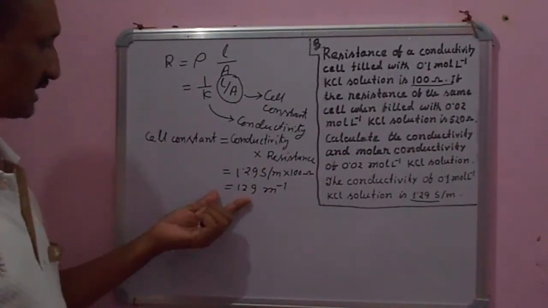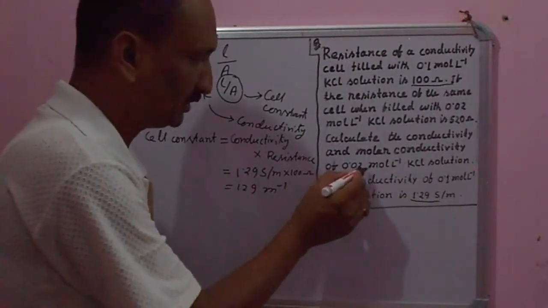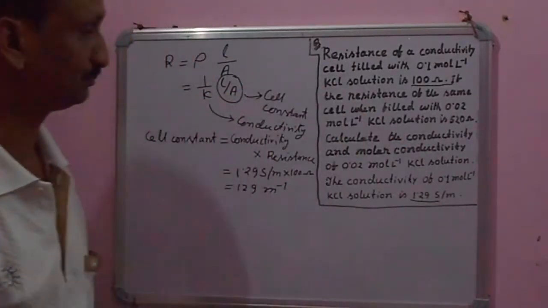Now from this cell constant we have to measure the conductivity of 0.02 mole per liter KCl solution.